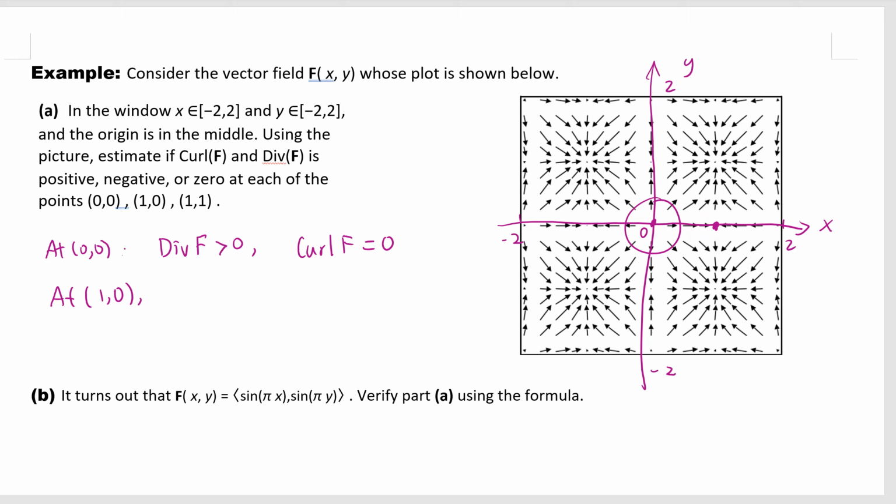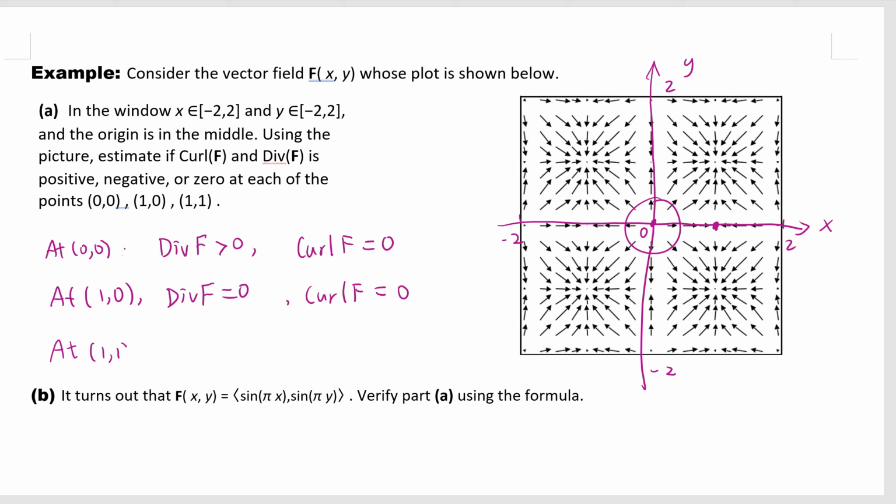In this case, I would guess the divergence is 0 because we have 2 arrows going in and 2 arrows going out. So far, so good? And how about the curl? You can see it's not rotating, so I would say the curl is also 0.